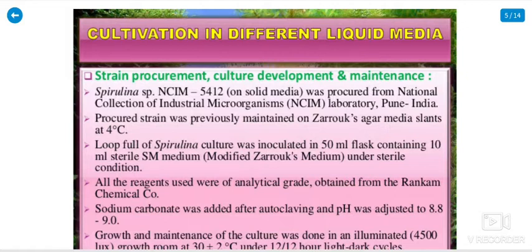Some of the laboratories, such as one in Pune, India, produced the strain, which was previously maintained in Zarrouk's agar slants at 4 degrees Celsius. Then a loopful of spirulina culture was inoculated in a 50 ml flask containing 10 ml sterile SM medium under sterile conditions.